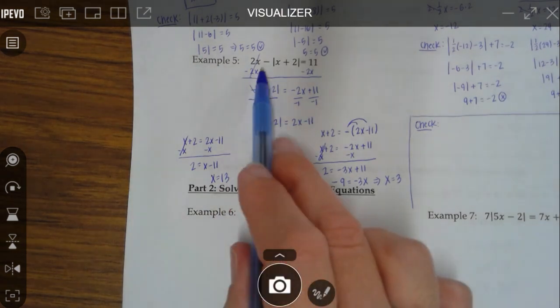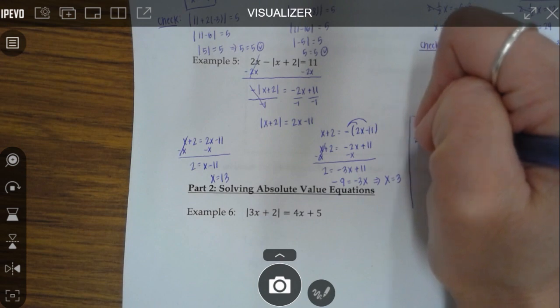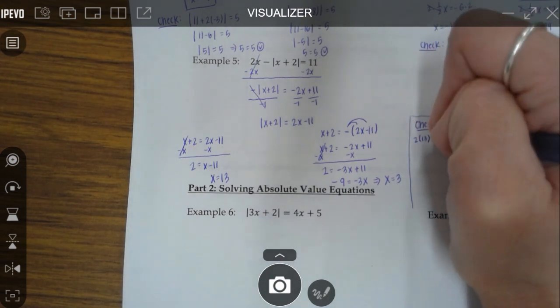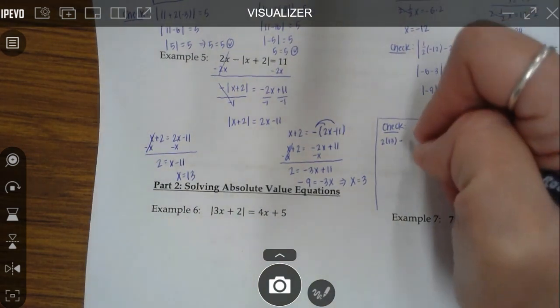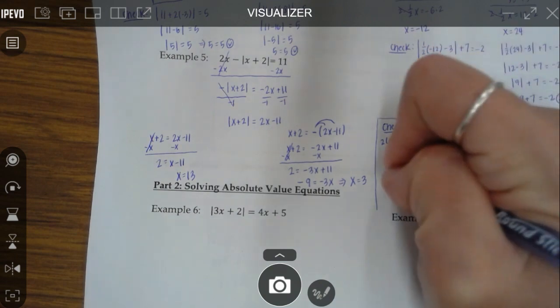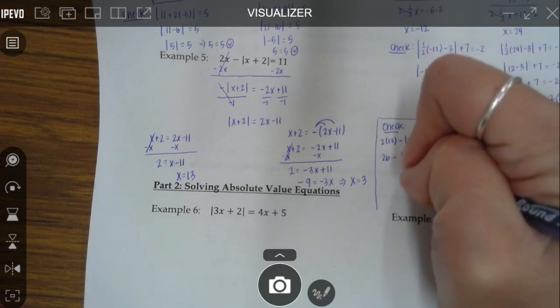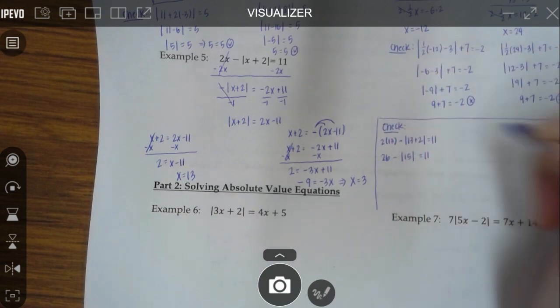So my check, if I go back up to my original, I'll do 13 first. So 2 times 13 minus the absolute value of 13 plus 2 equals 11. That should give me 26 minus the absolute value of 15.